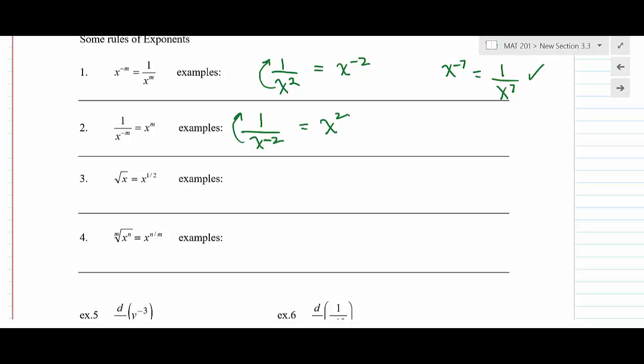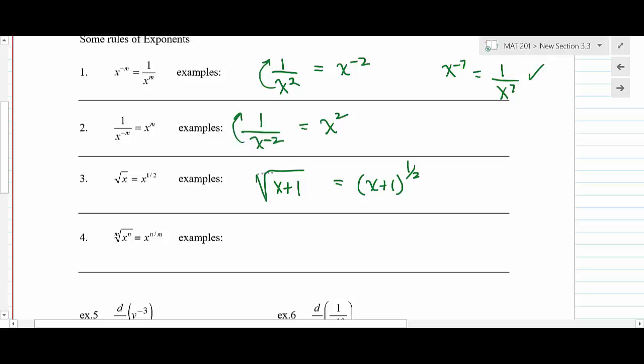The other thing you want to remember is a square root is the same thing as something to the 1/2 power. The basic idea is, if you have the square root of x plus 1, for example, you could rewrite that as x plus 1 to the 1/2. A square root is a 1/2 power.